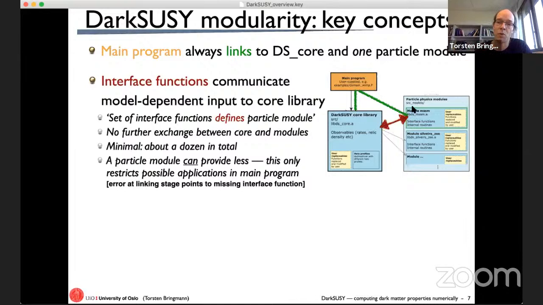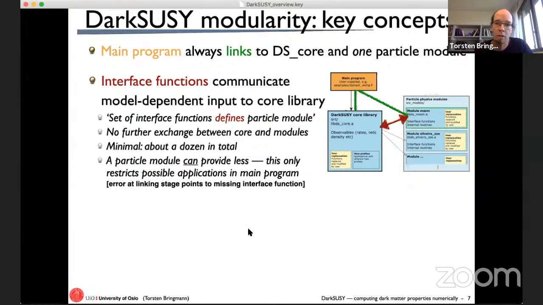In principle, you could also provide a particle physics model just by providing the small set of interface functions, and this could be, for example, just a tabulated function that you get from some other code. And you don't even have to provide all the interface functions. You only have to provide those interface functions that are needed by the main program for the observables that you're interested in.